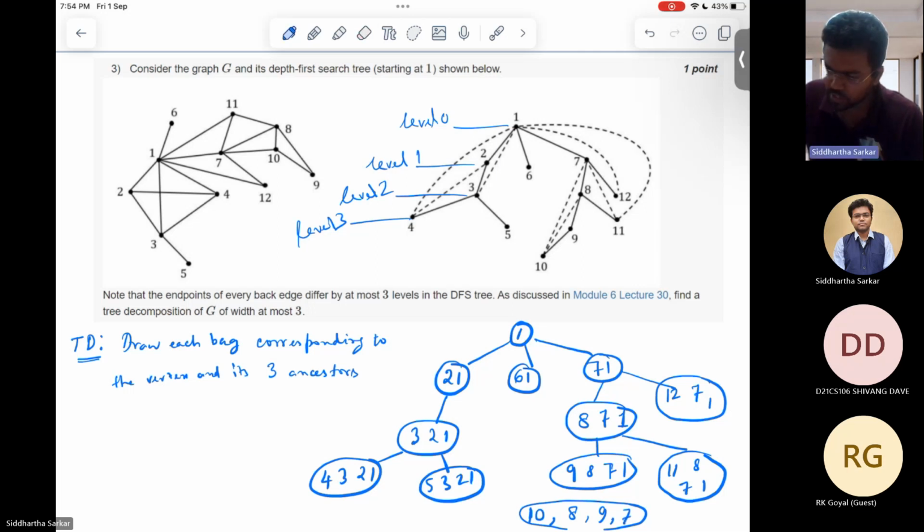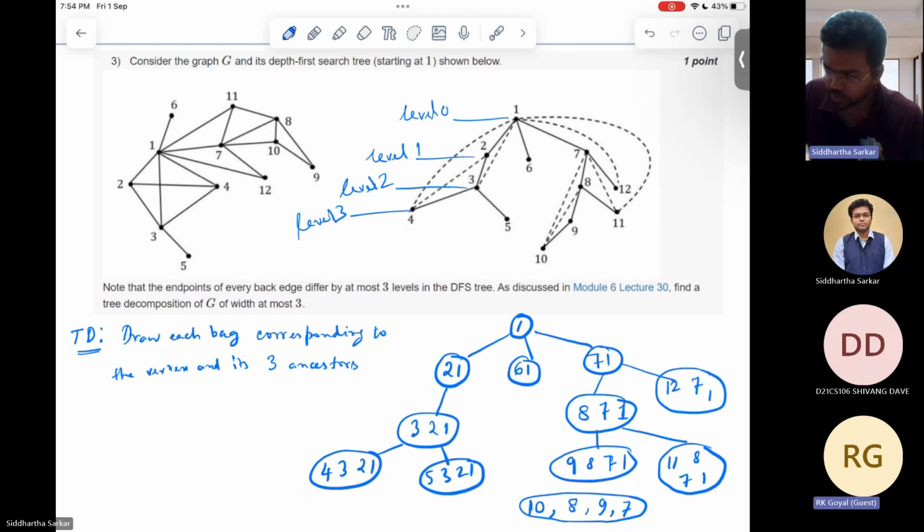My claim is that this is a valid tree decomposition. Let us first verify whether this is correct or not. For every vertex we have looked at its parent, so for every edge there is definitely a bag containing the endpoints of that edge. That is clear.